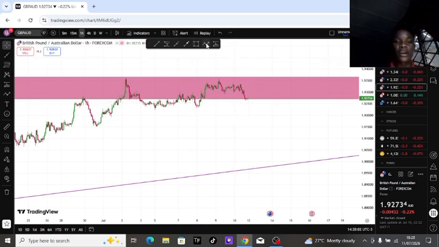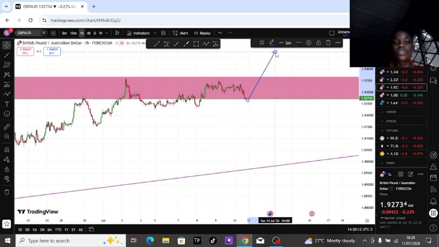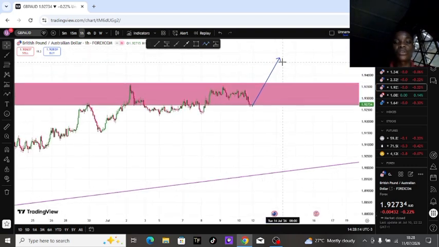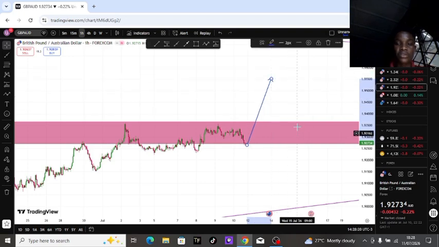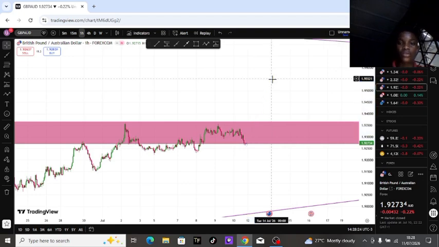But if I see a big momentum candle break out from this place, then I'm going to wait for a retest, which is probably going to be next week. Break out from here, then come back again. Okay, this is crazy.